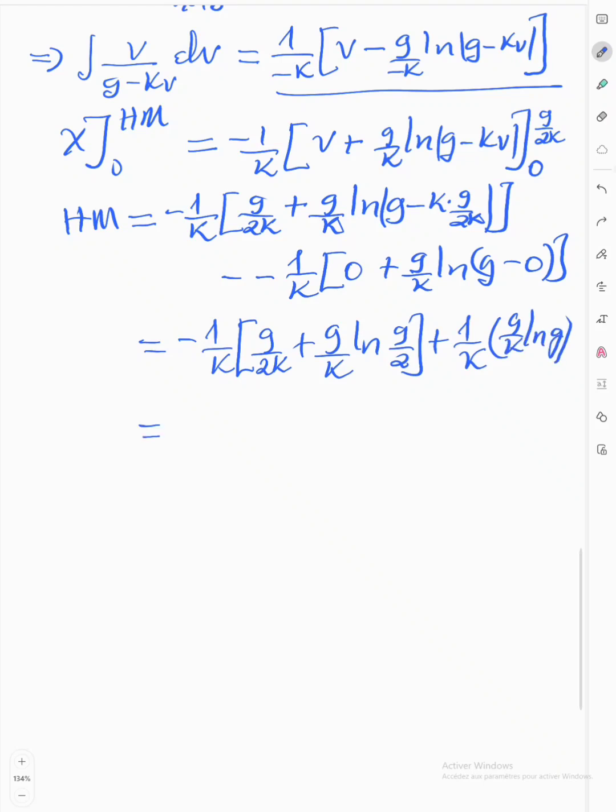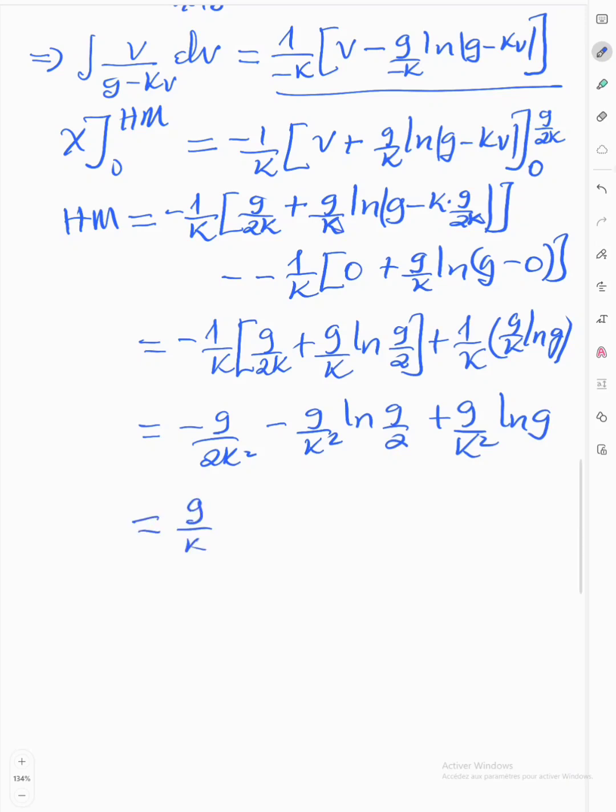Now expanding to remove the brackets in all the terms, we have negative g all over 2k squared minus g all over k squared ln of g over 2 plus g over k squared ln of g. All the terms have g all over k squared, so we factorize g over k squared, we divide every term by g over k squared, we get negative half minus ln of g over 2 plus ln of g.